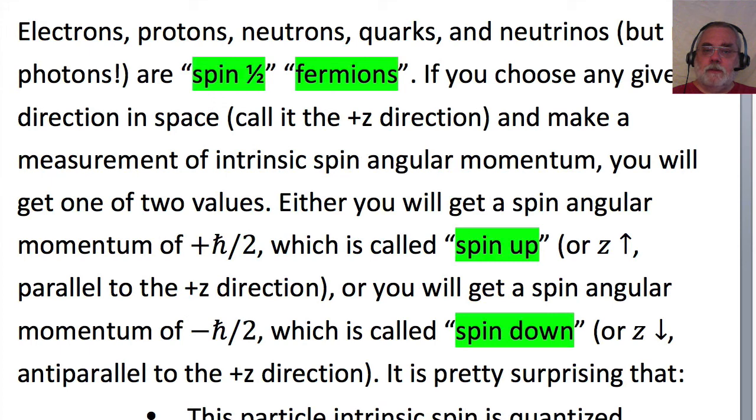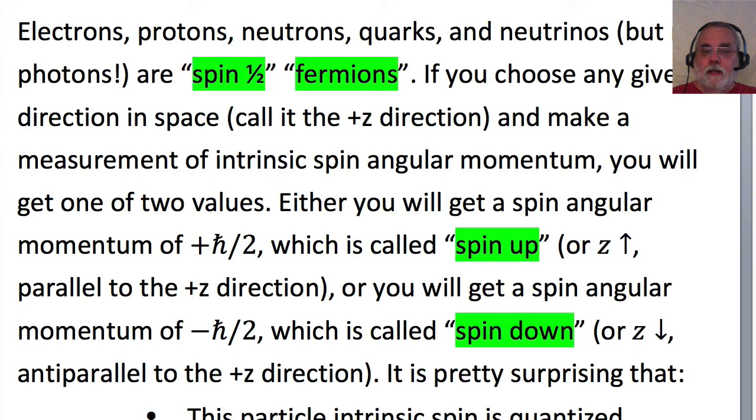Electrons, protons, neutrons, quarks, and neutrinos, but not photons, are spin 1/2 fermions. If you choose any given direction in space, let's call it the plus z direction, and make a measurement of intrinsic spin angular momentum, you will get one of two values.